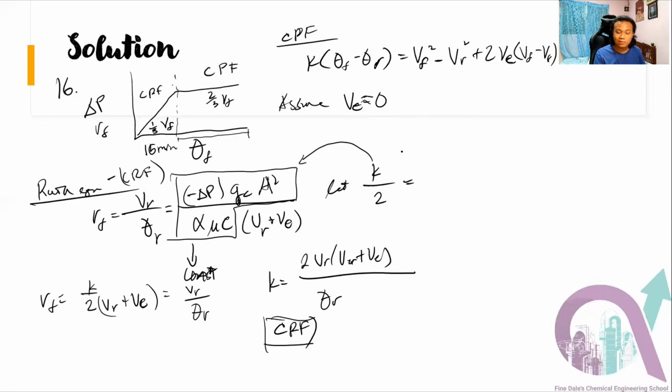So if we let this go to 0, the CPF part becomes 0, so K is equal to VF squared minus VR squared, and then the CRF portion, K is equal to VR squared over theta R. So theta R na din siya.